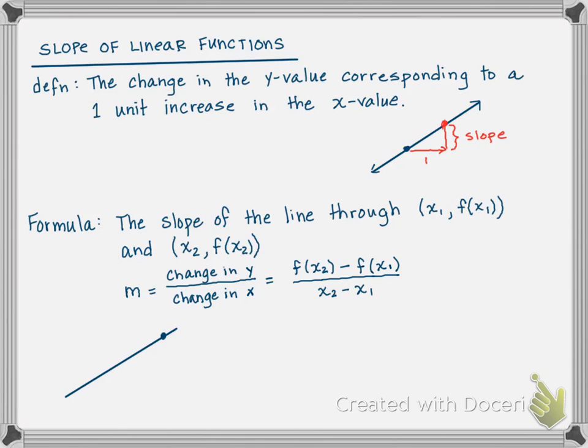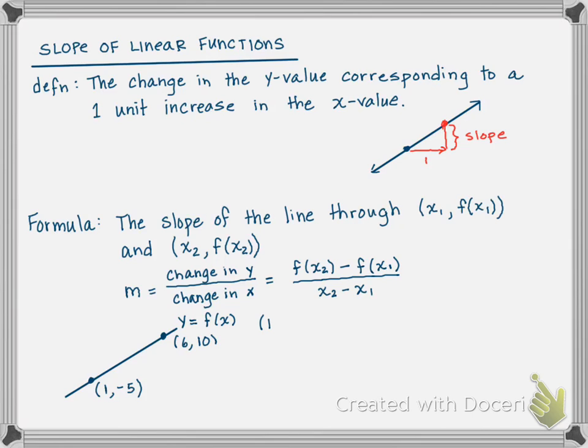So if we have a line through the points, let's make this like 6, 10, and 1, -5. So what those points are saying, if this is the graph of y equals f of x, there's like 3 different ways I can write each ordered pair.